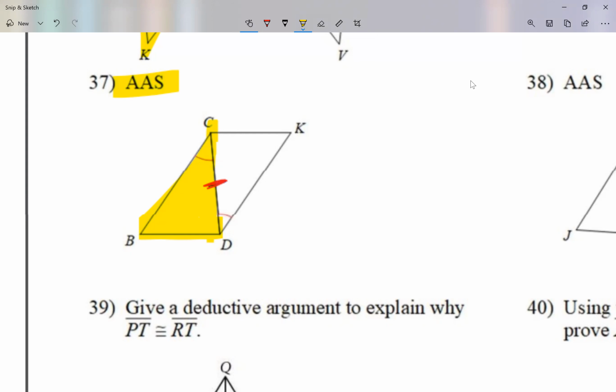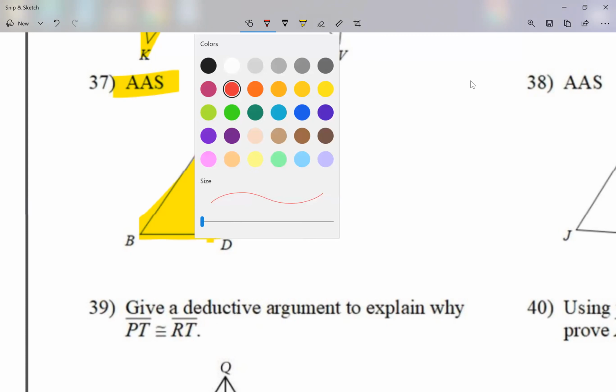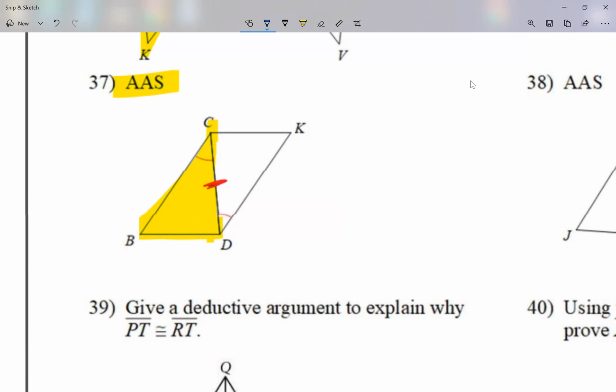I need two angles. I only have one angle. Okay, so which angle am I missing? In this case, I don't want the side in between the angles, because otherwise I would have called it angle, side, angle. Angle, angle, side, I don't want the side in between the angles. So in this case, it is this corner. This is the angle that I'm missing.